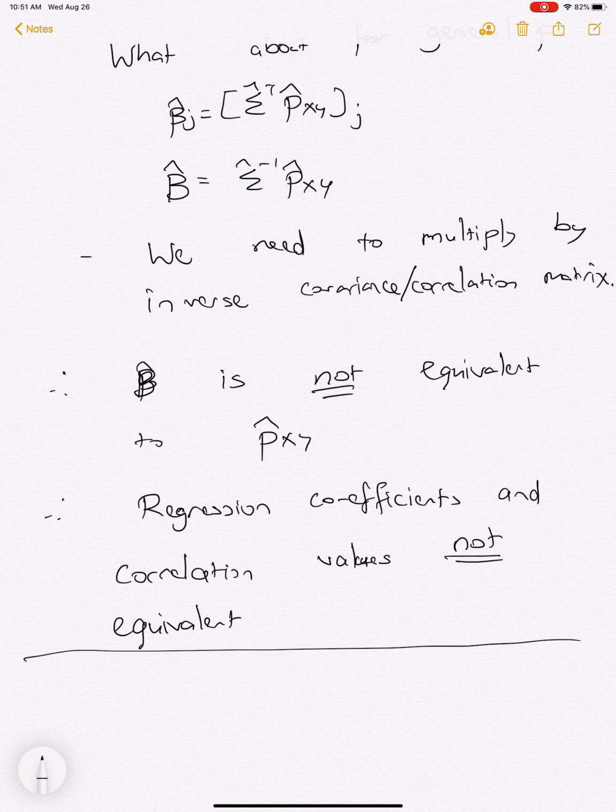So whenever you see regression coefficients with more than one variable, so if p equals 2, p equals 3, and so on, the regression coefficient is not the correlation between x and y. And that's a very simple interpretation mistake that people make. That's one of the key points that I want you to take out of this course: they're not the same thing.